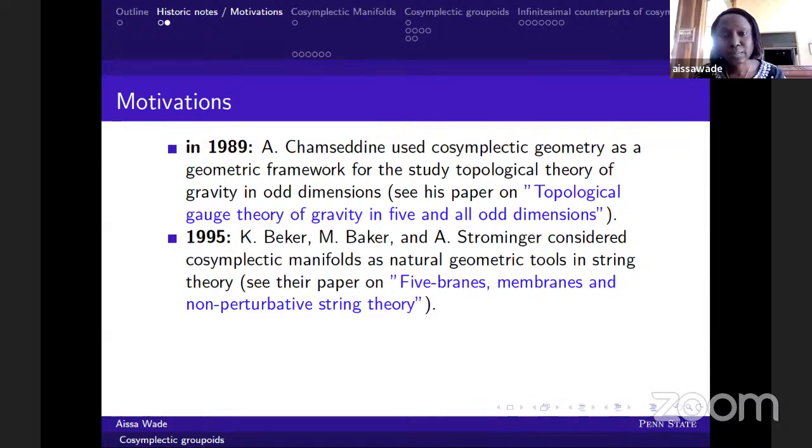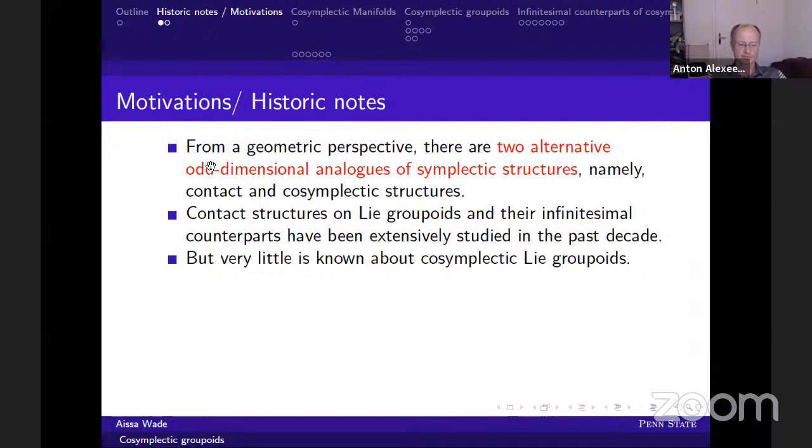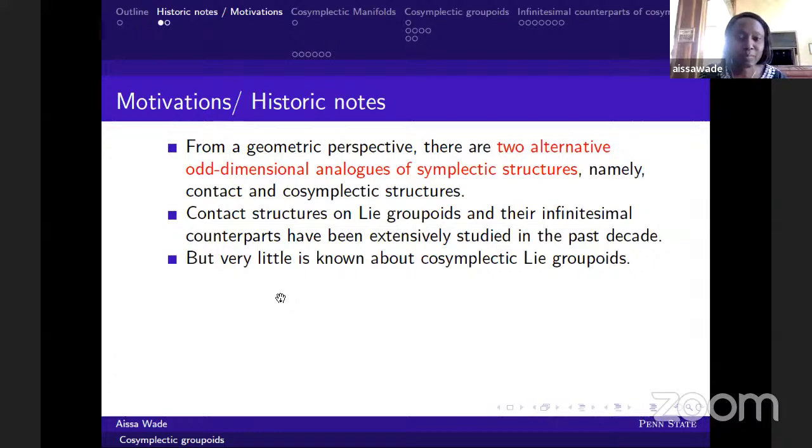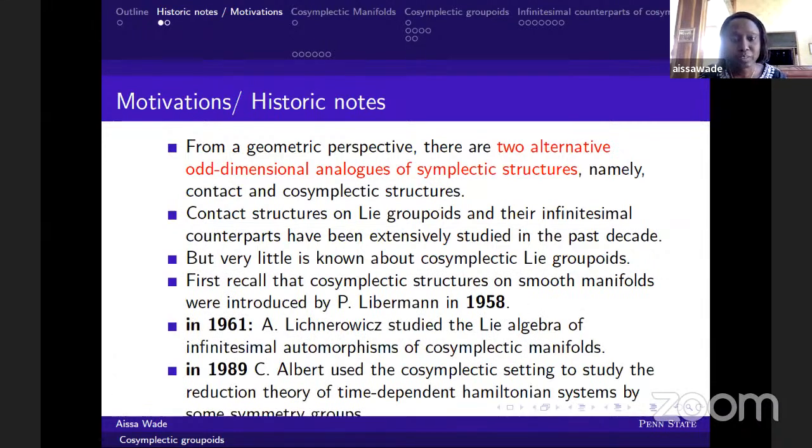Now it's the third, motivations. Sorry, there were some problems. Now it works well. Now you see my slides. Okay, good, great. So this was my first slide that I was talking about.